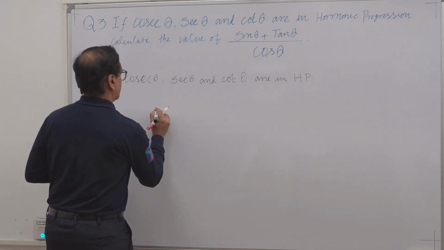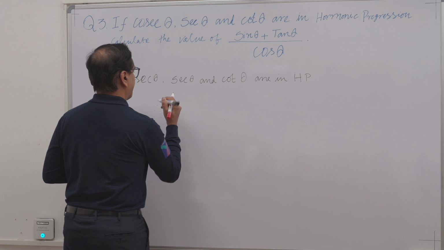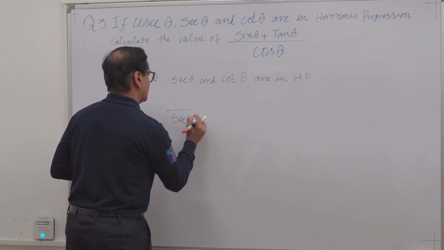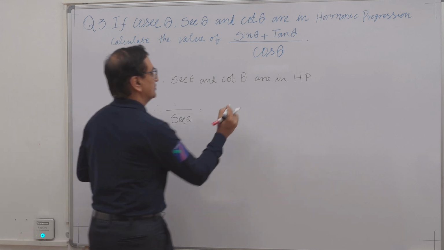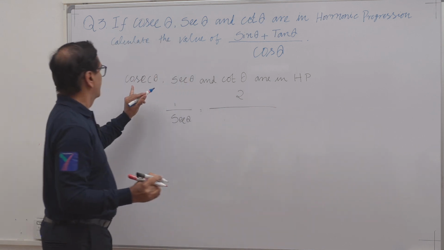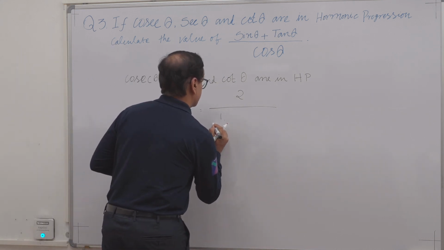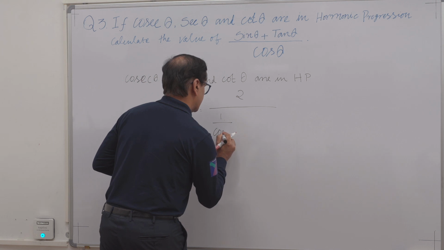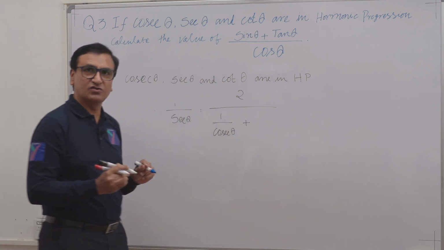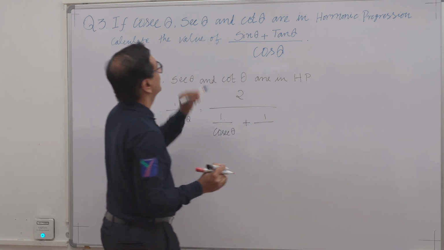Therefore 1 over secant theta equals 2 divided by (1 over cosecant theta plus 1 over cot theta).